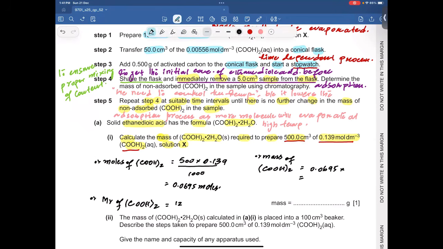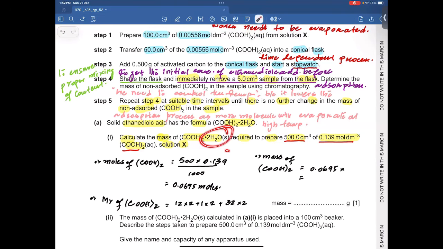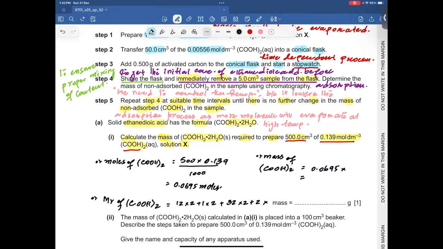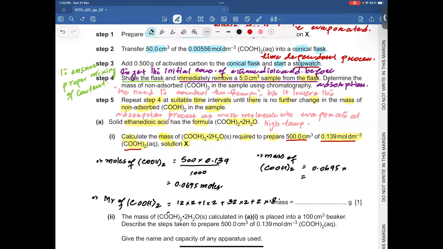So carbon is 12 times 2 plus hydrogen is 1 times 2 plus 16 times 2 is 32, 32 times 2. Let me calculate 24 plus 2 plus 32 times 2. Oh, my bad. I forgot to add the water molecule, plus 2 times 18. Yeah, that was a mistake.